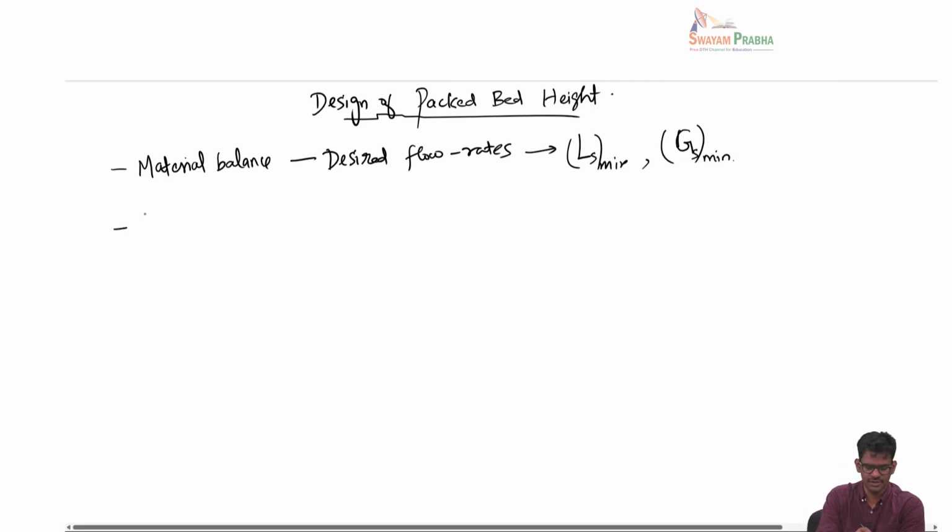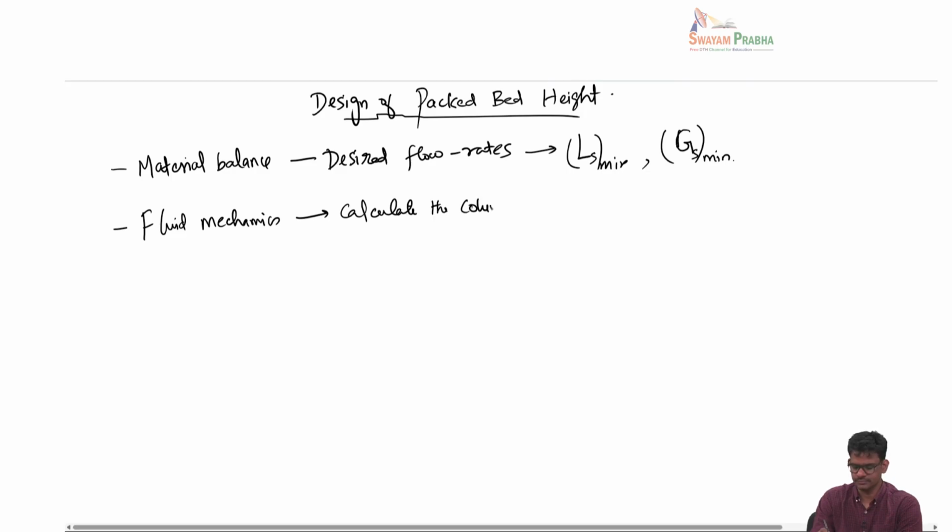Second is we used fluid mechanics principles in order to calculate the column diameter. So we looked at a lot of issues regarding column diameter calculations. So we want to ensure that the column operates below the flooding line so that the operation is stable.